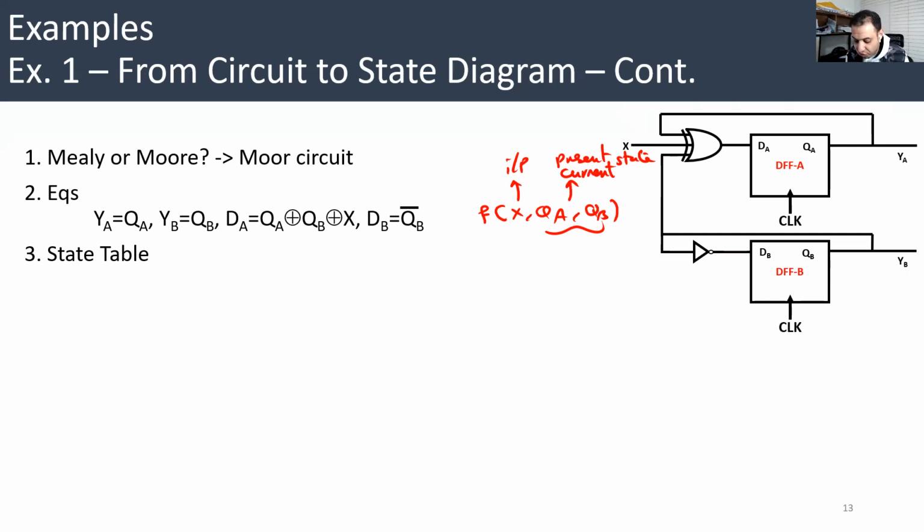Of course, YA and YB are just a function of QA and QB. DA and DB are a function of all of them in general also. So when you build the state table, build it as a function of X and the present state. The table will be like the following: the input X, the present state or the current state QA and QB.